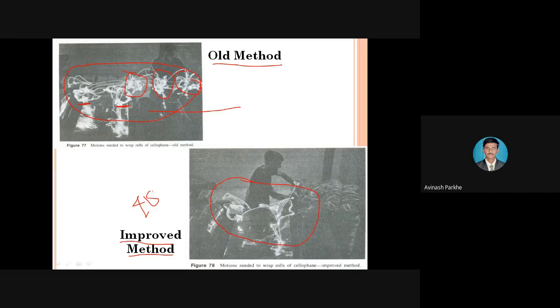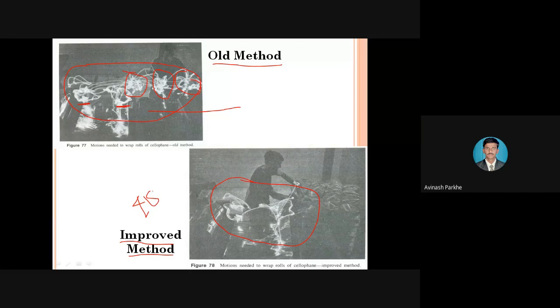But in order to reduce that 15 minutes, initially we have to record with the camera, and record the time required to perform that operation. Afterwards, we have to go for the analysis. Through that analysis, eliminate all the unnecessary operations, unnecessary movements, and repetitive operations, then develop the new method and implement it on the same machine or for the same operation.